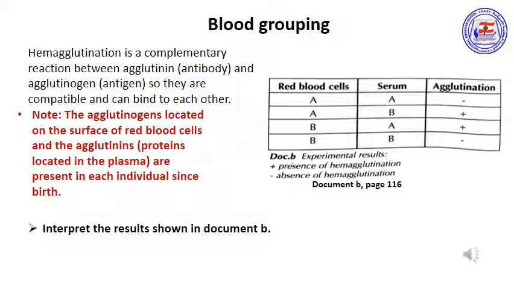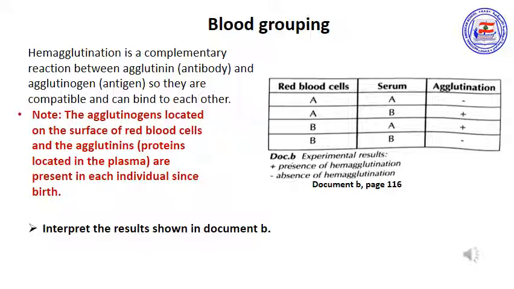So how to interpret this document? When a serum of an individual of type A is mixed with the red blood cells of an individual of the same type A, no agglutination takes place. Similarly, there is no agglutination if the red blood cells and the serum are taken from individuals of the same blood type B. So I took the first row and the last row.